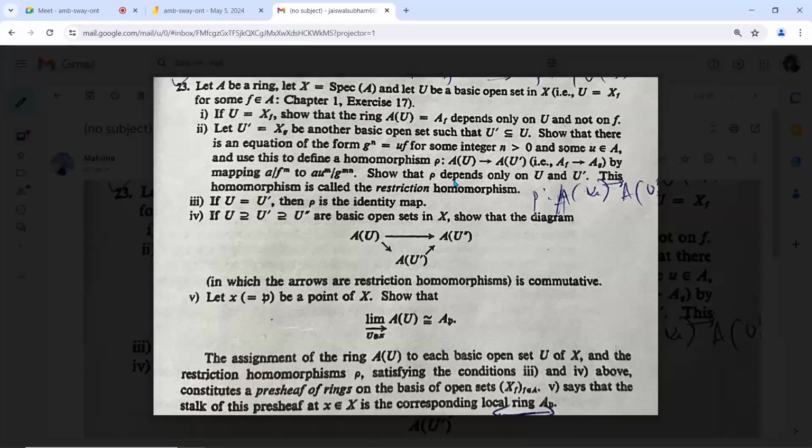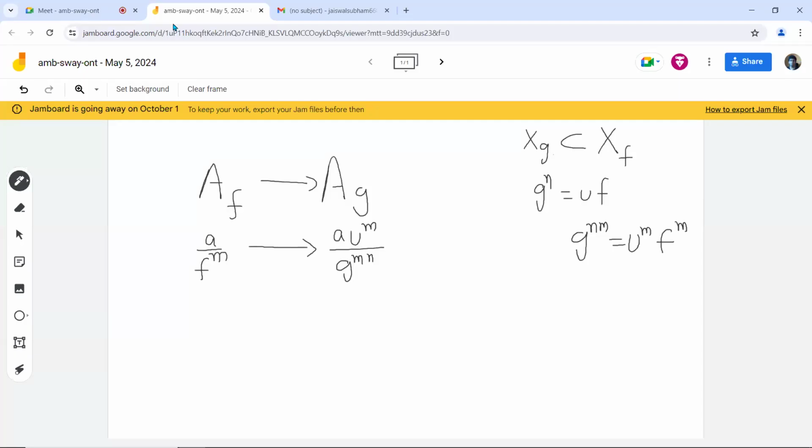Show that this map rho depends only on u and u prime, and this homomorphism is called the restriction homomorphism. So this is u and this is u prime.